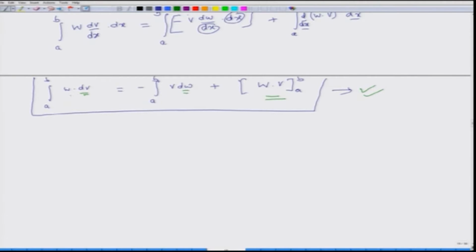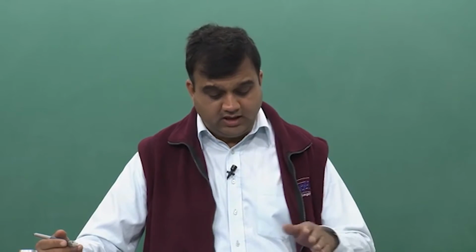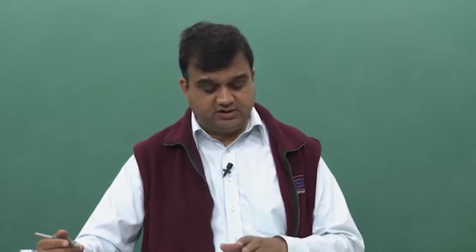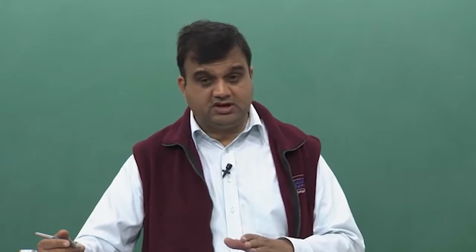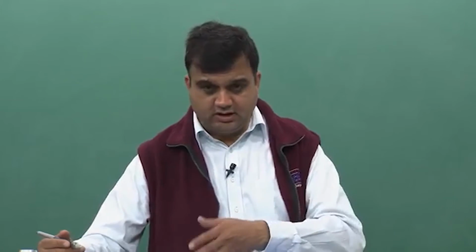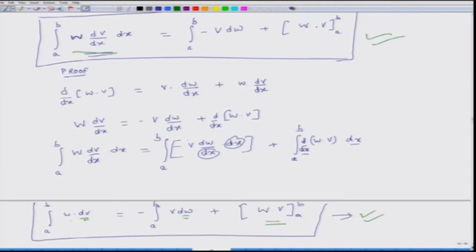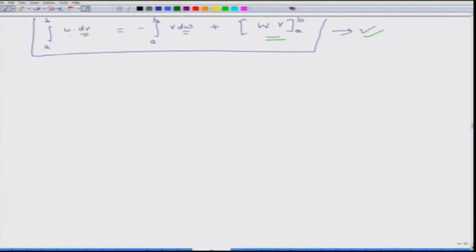So we are transferring differentiability from v. In our case, v could be the residue, and w could be the weight function. Through this method, we are able to transfer differentiability from the residue to the weight function. Why that is important, we will see a little later, but this is something important to note. So this is for this function w times dv over dx.